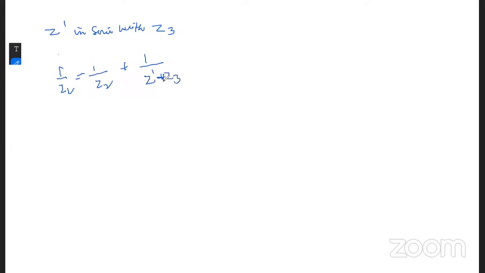Z dash we have already seen. So this is ZL.